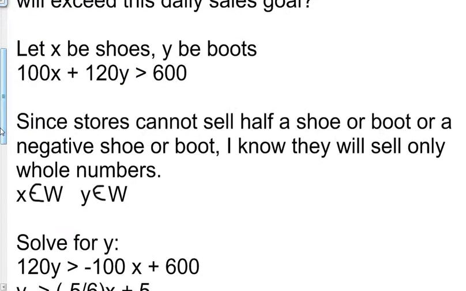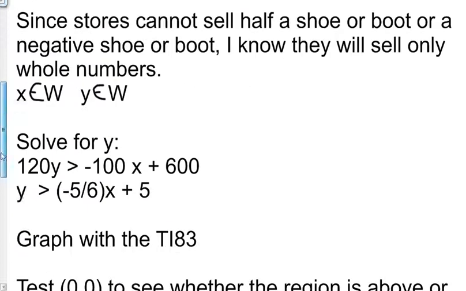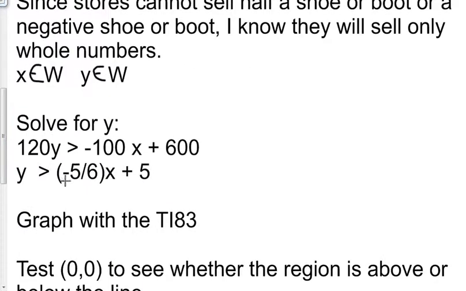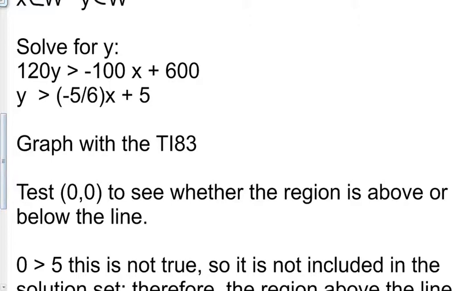Since stores cannot sell half of a shoe or boot, or they also can't sell a negative shoe or boot, I know they're going to only sell whole numbers, so my set is going to be discrete. I solve for y. y is equal to negative 5 over 6 x plus 5. And then I can graph it on the TI-83.